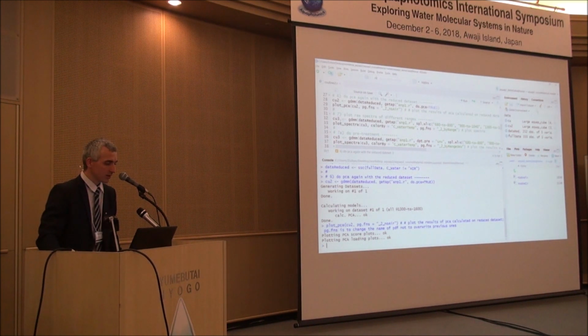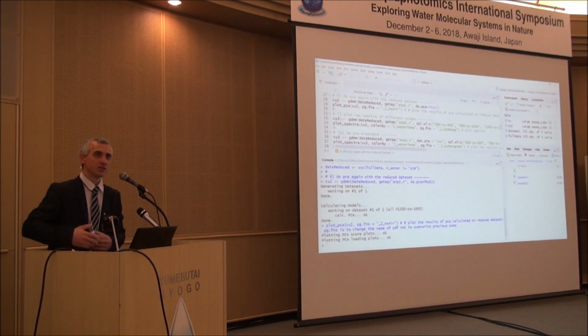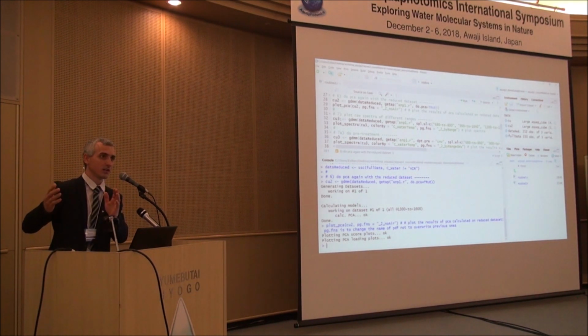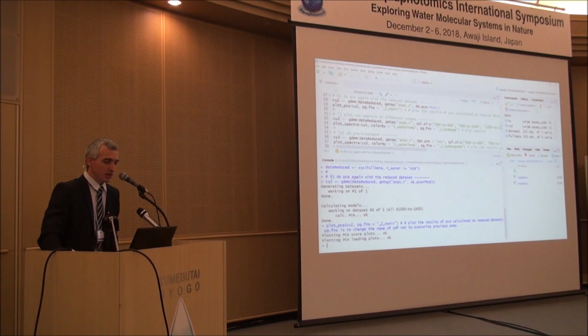And what we told at the beginning, how to speed up the data analysis with this package. You might want to use different wavelength ranges. So this is a repeated task, right? Because you select one range, you do the analysis. Then you select another range, you do the analysis. It is much simpler here.